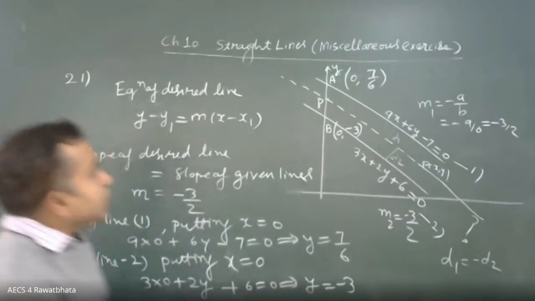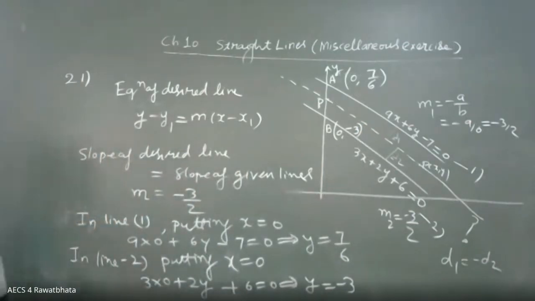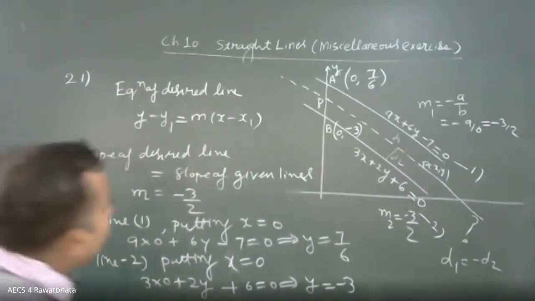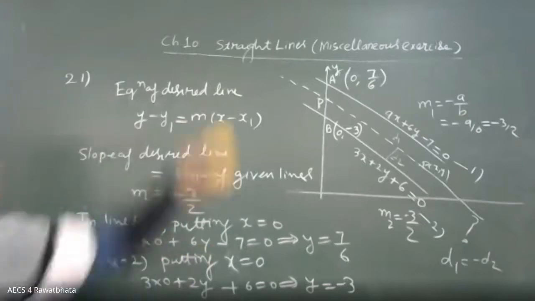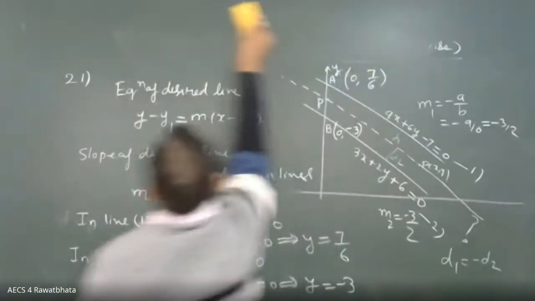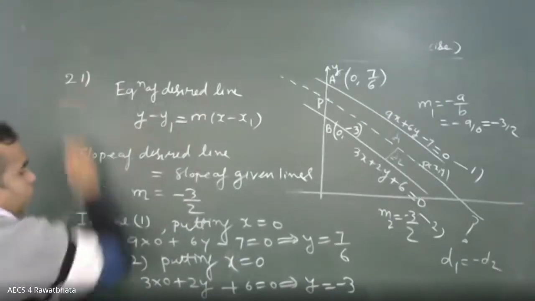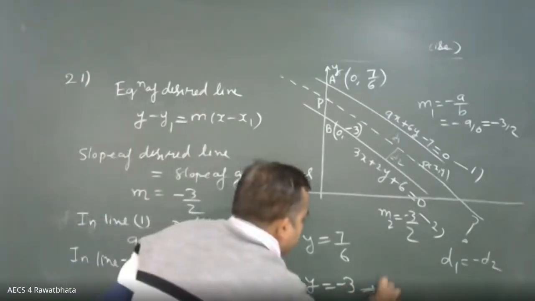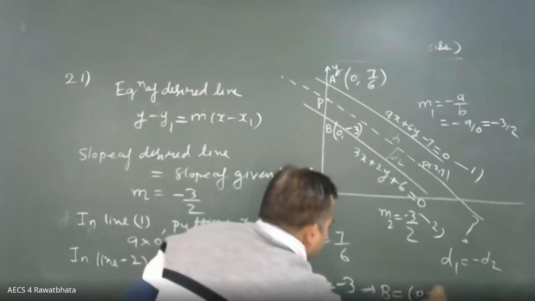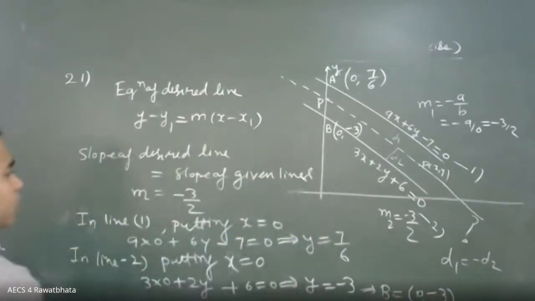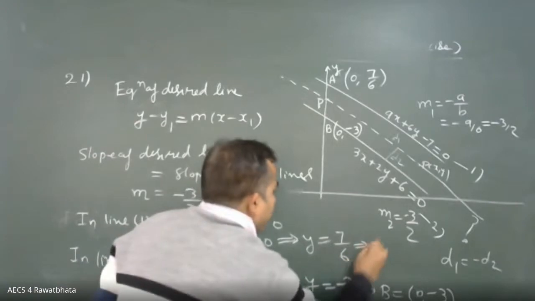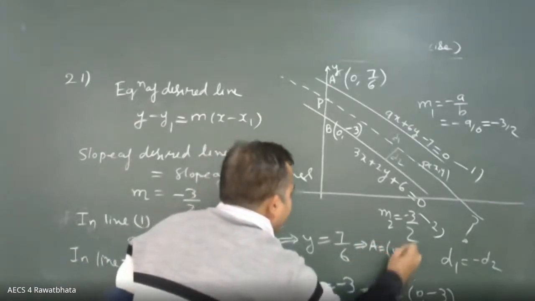And note that P is the midpoint of AB. So B coordinates will be 0 comma minus 3, and this will give you A coordinates as 0 comma 7 by 6.